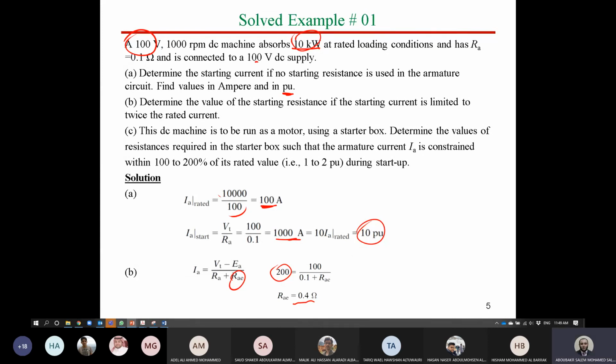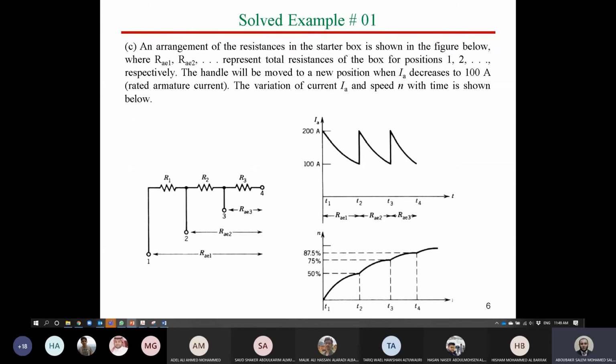Up till now, we got only the maximum value of resistance needed, but for how many steps? This is the question in order to design our starter device. I will leave part C for you to read, in order to understand the operation of the starter, and I will give you a hint only. The aim is to keep the current during starting limited to a maximum of twice the load current, and the minimum during starting is the rated current.